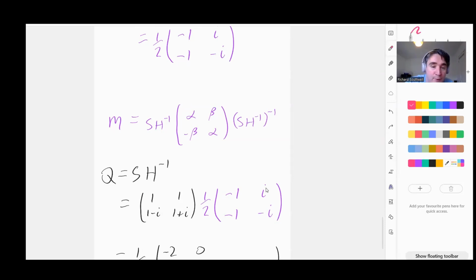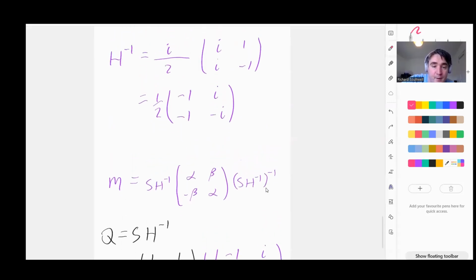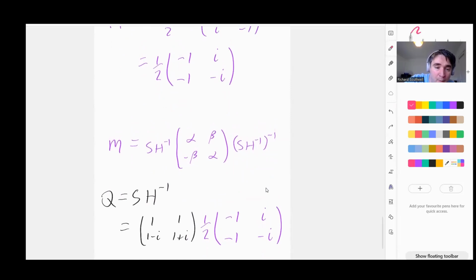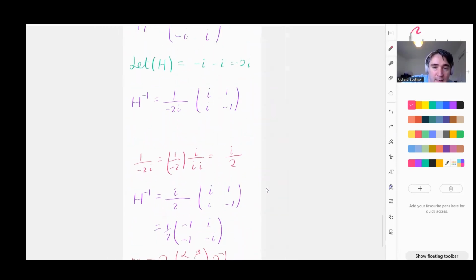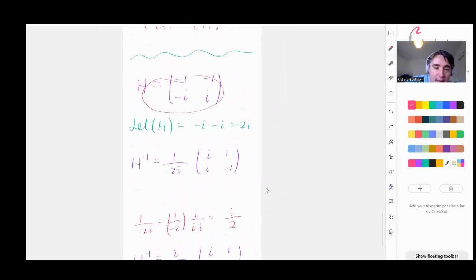What we want to show is that M is equal to Q times this rotation matrix times the inverse of Q. So we need to work out what Q is. I'm defining Q as S times the inverse of H, so we need to invert this matrix H here.